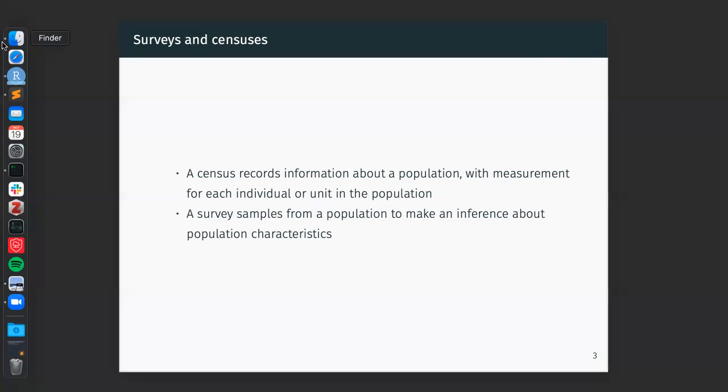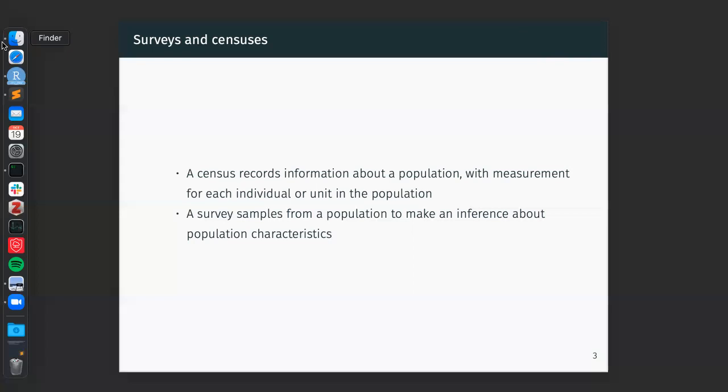It captures data on every person who is detained in a state or federal prison annually. So that's another census. We get information on every single individual who's housed within a facility annually. It's not a subset, it's everybody. So a census is any data set that contains, at least theoretically, complete information about a population with measurement for each individual or unit in the population.